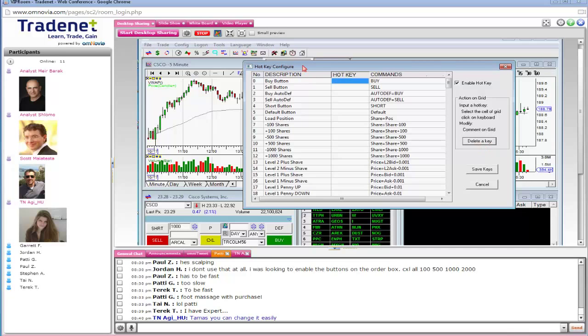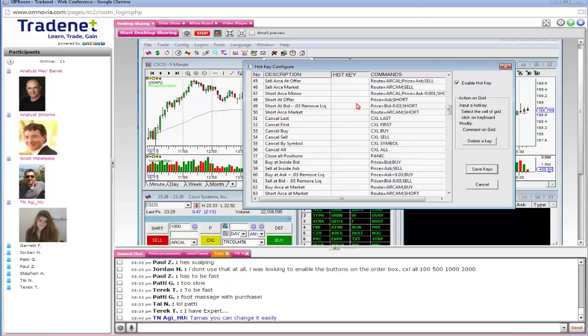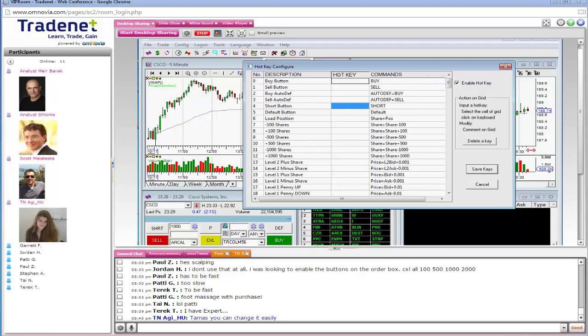All right, and here it disappeared from the hotkey. Also, I can click on top of the hotkey column, highlighting the entire column, and click the delete button. All right, and all the keys have now disappeared, and we can assign whatever keys we want to.